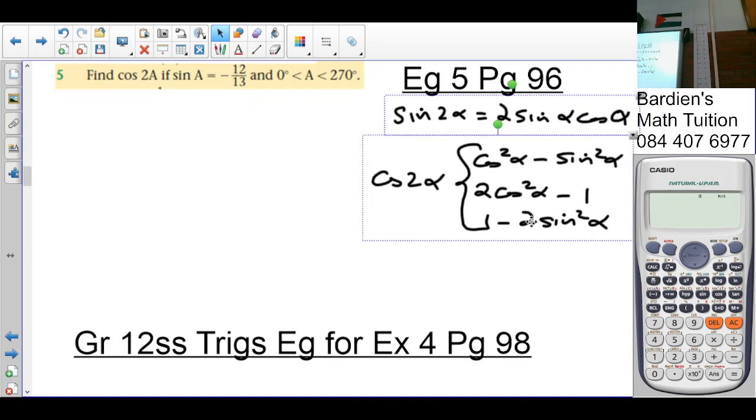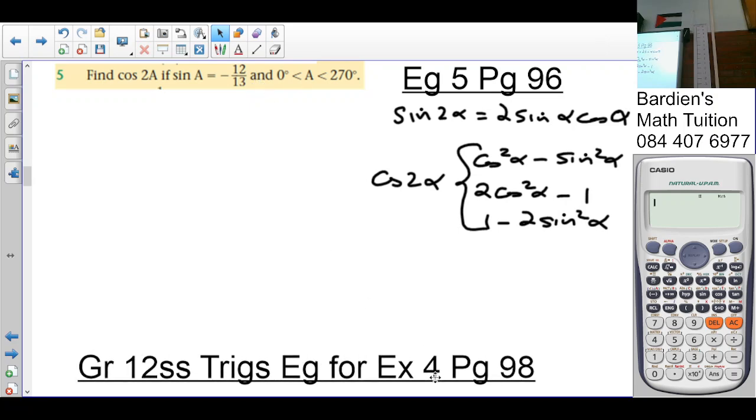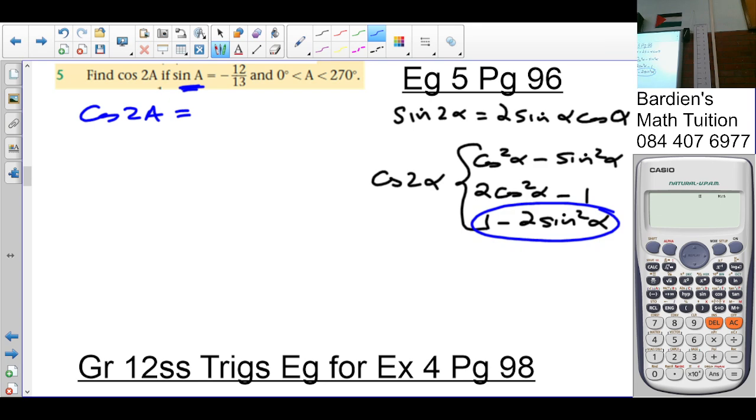People, cos of 2a can be written as any one of those three. However, the sine of a is our issue. Since we have the sine, I must use the one dealing with sine.